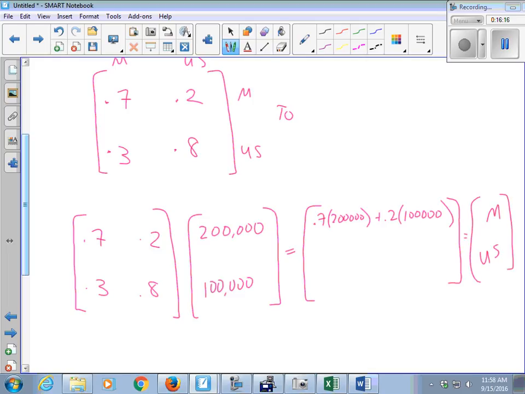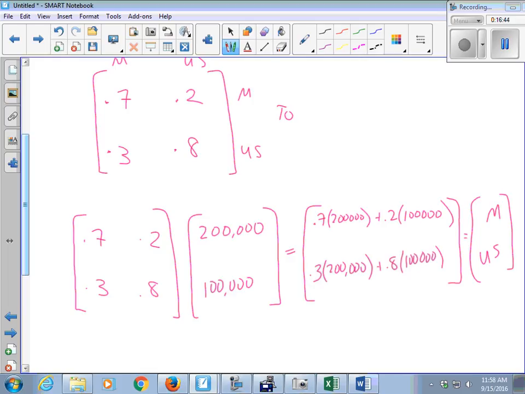So this is Mexico, US, the result. And then when you do the 0.3, 0.8 times the current state vector, you get 0.3 times 200,000 plus 0.8 times 100,000. That's 30% of Mexico's current population moving to the US, plus 80% of the United States population staying.